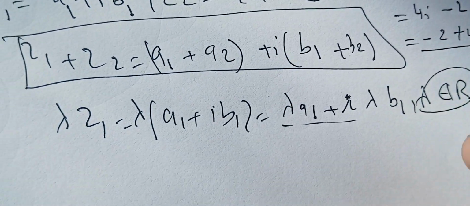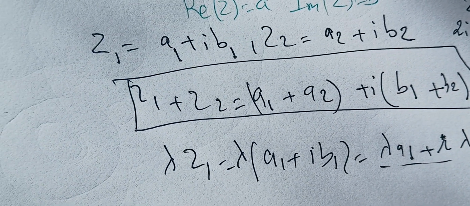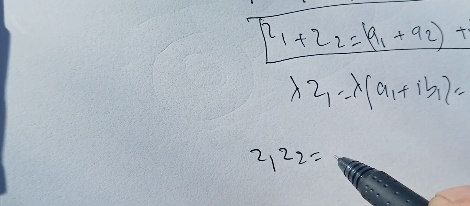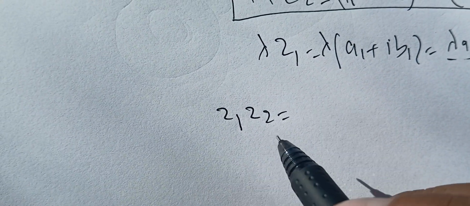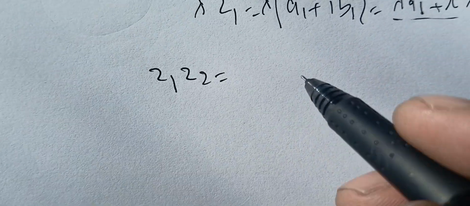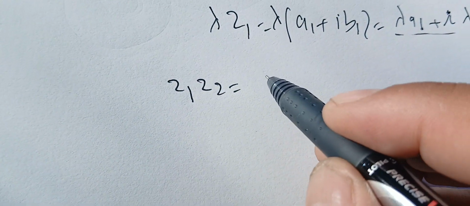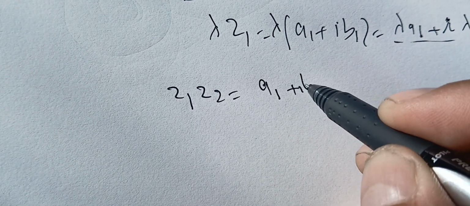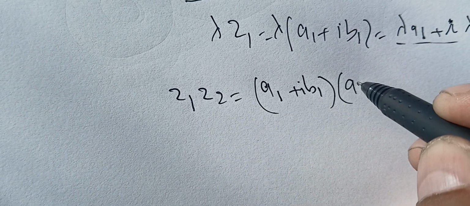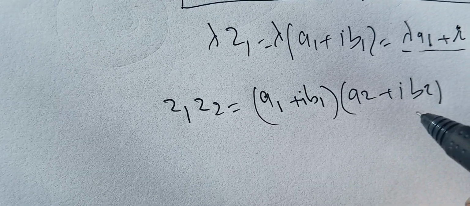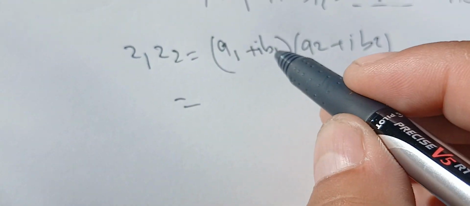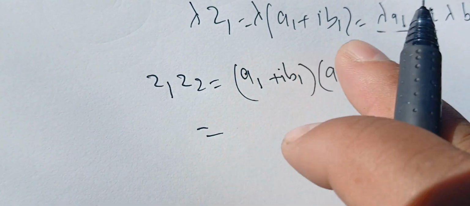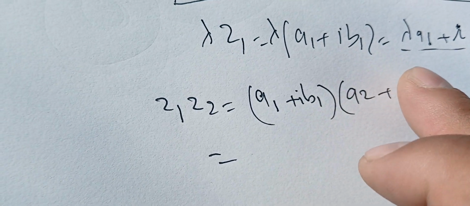Another operation that we can define is the multiplication, z1 times z2. So this one we need to do some work. We're gonna do (a1 plus i b1) times (a2 plus i b2). We distribute, but we take care of the fact that i squared is minus 1.